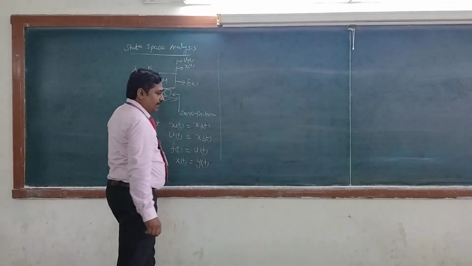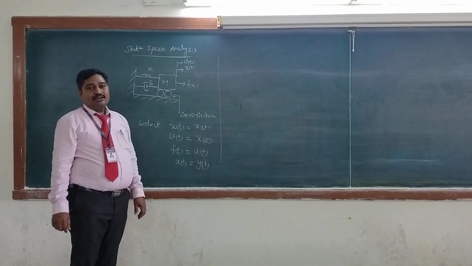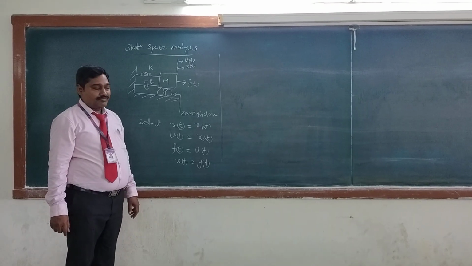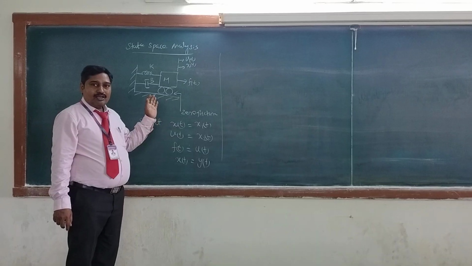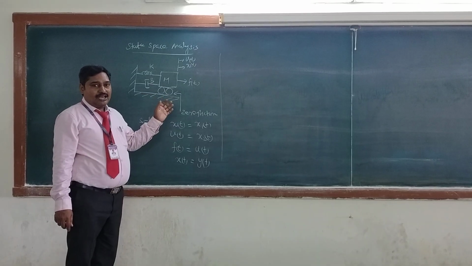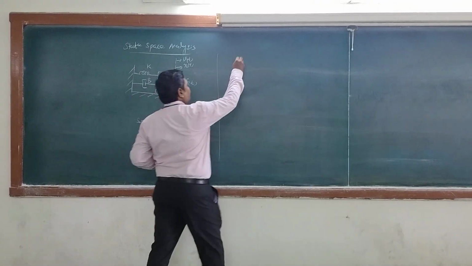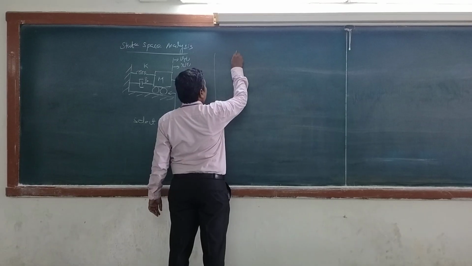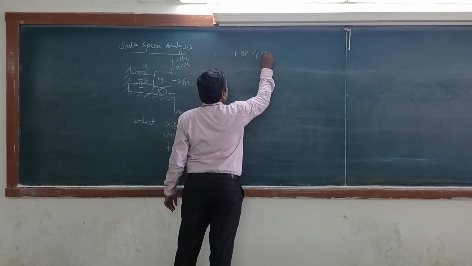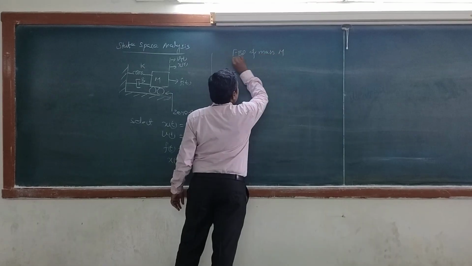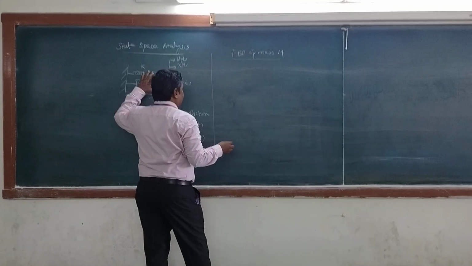Now write down the physical equation governing the basic law. This is a mechanical system, so apply Newton's second law under D'Alembert's principle. Now draw the free body diagram of the mass. The mass is detached from the diagram.